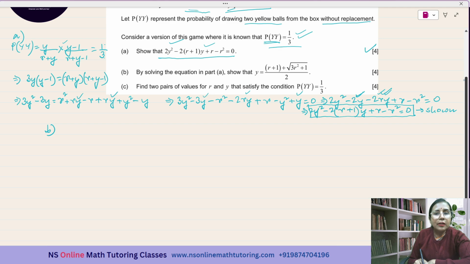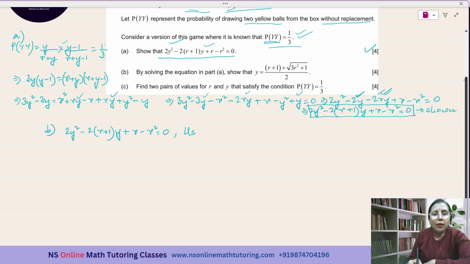First of all, let us once more write the equation. 2y square minus 2 times r plus 1 y plus r minus r square is equal to 0.